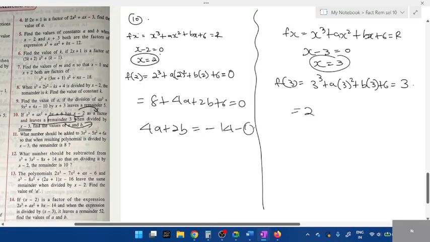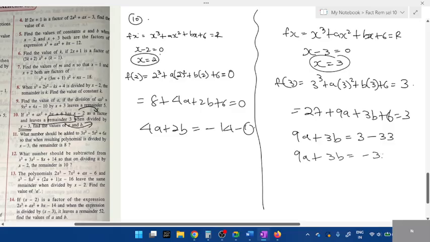Next, 27 plus 9a plus 3b plus 6. 9a plus 3b. 27 plus 6, how much is that? 33. If 33 goes to the other side, 9a plus 3b is equal to minus 30. This is the second equation.